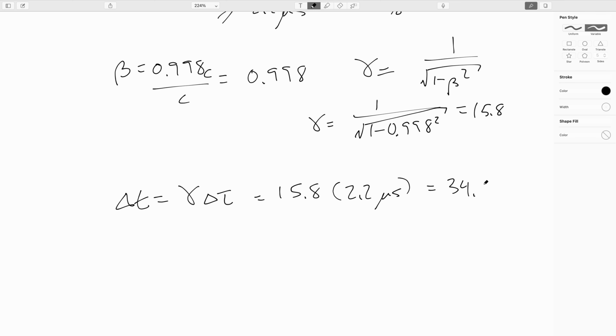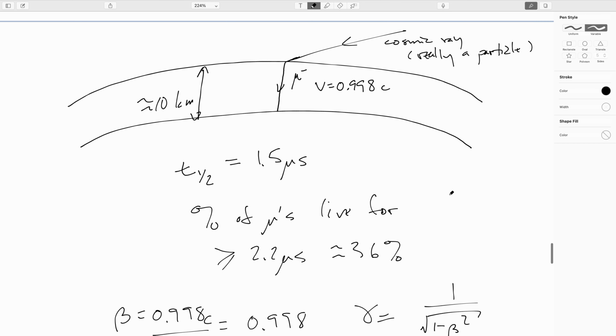We get 34.8 microseconds. Now it turns out that 34.8 microseconds is roughly the time it takes for muons to make it down to the surface of the Earth. So instead of it being over 20 half-lives, which means we would basically never see any of them, we see about a third of them.